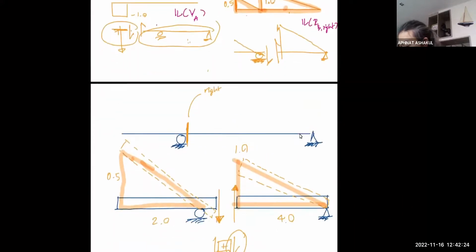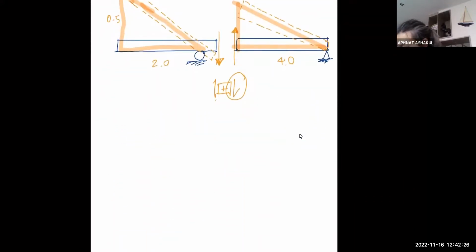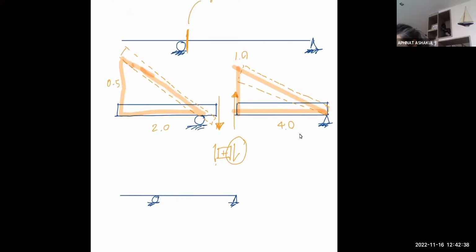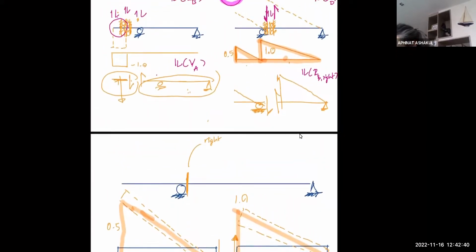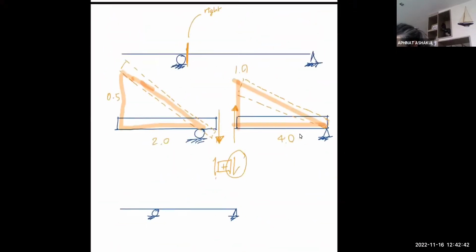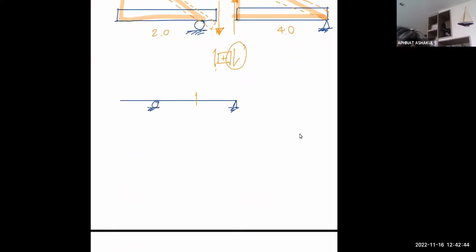Okay, so the same way. Now, the beam is like this. We have the roller here. We have the hinge here. And now we let go of the shear here.